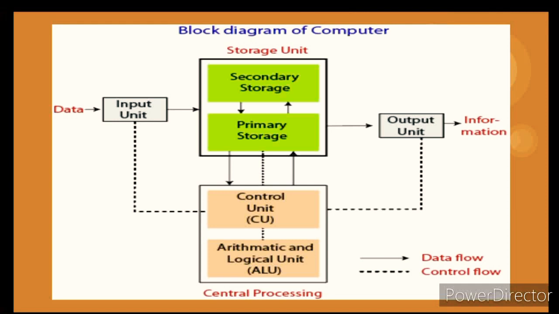Next type is the secondary memory. Secondary memory is the external and permanent memory used to store data on external storage media such as DVD drives, hard disks, memory cards, and memory sticks like pen drives. Secondary memory deals with the following types of components.